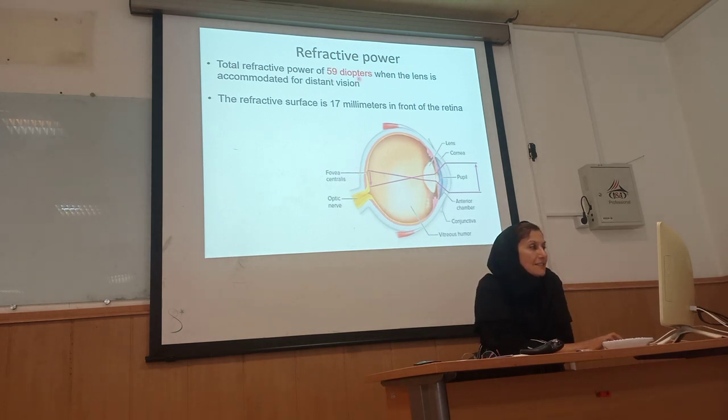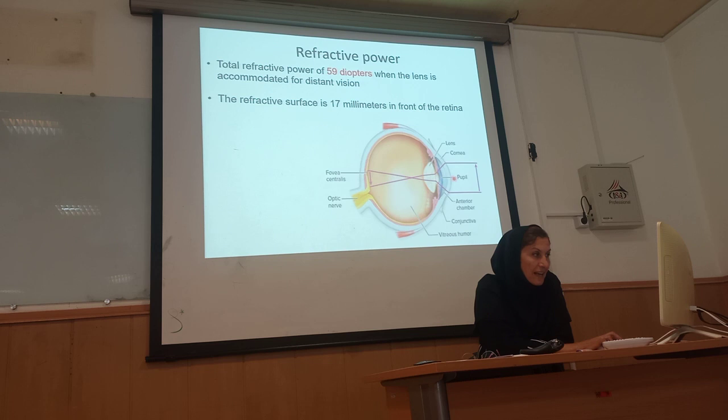And here you can see this is 59 diameter. What is the diameter? The refractive surface of this structure in the front of the retina here is 17 millimeters.